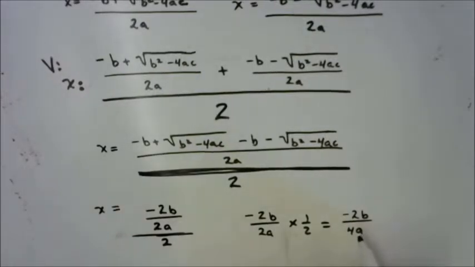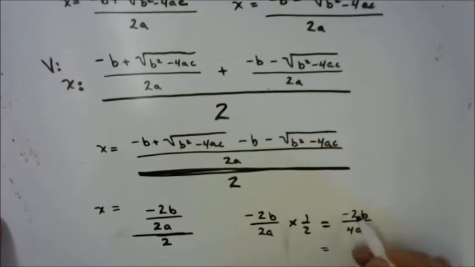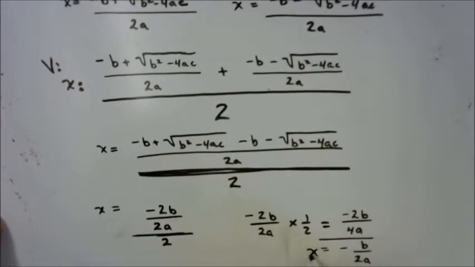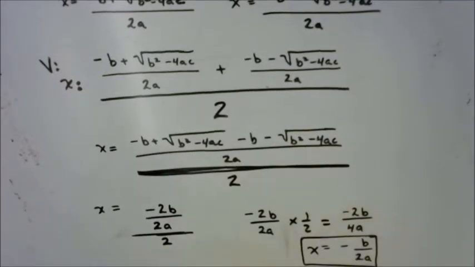Well, if we have negative 2b over 4a, we can cancel out these 2's in the top and the bottom, and we end up with negative b over 2a. So the x-coordinate of the vertex of any quadratic equation is found by taking negative b over 2a.